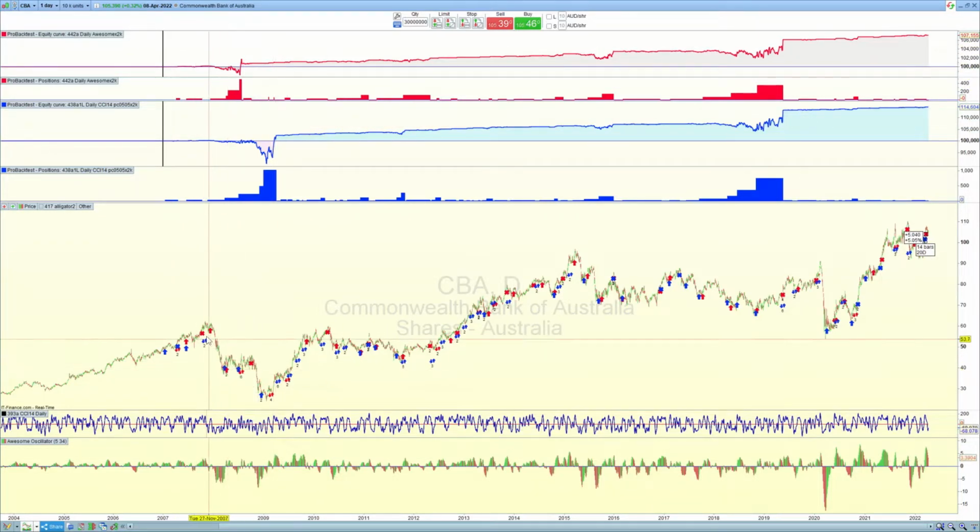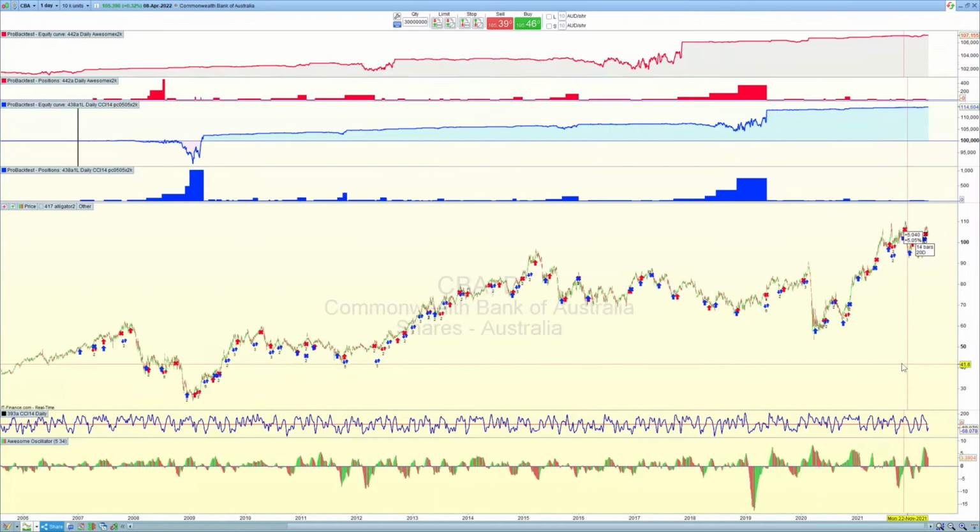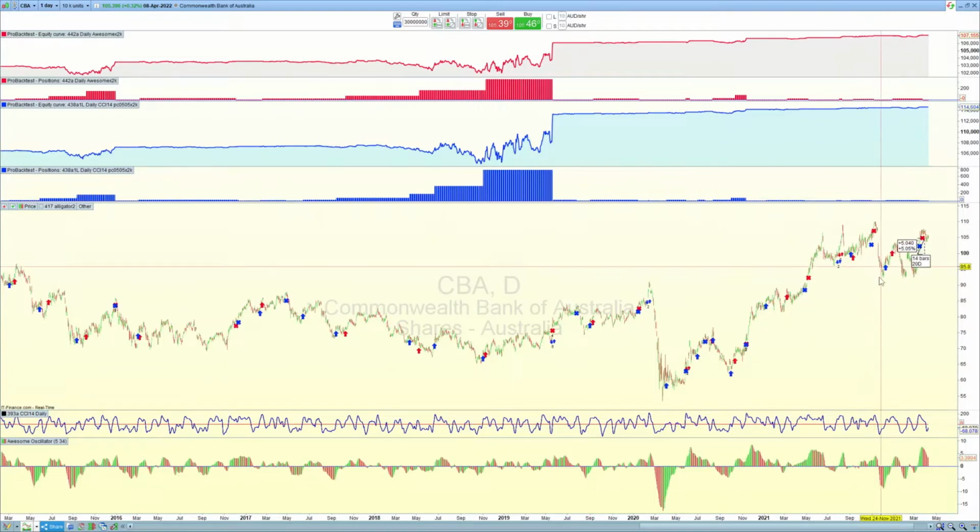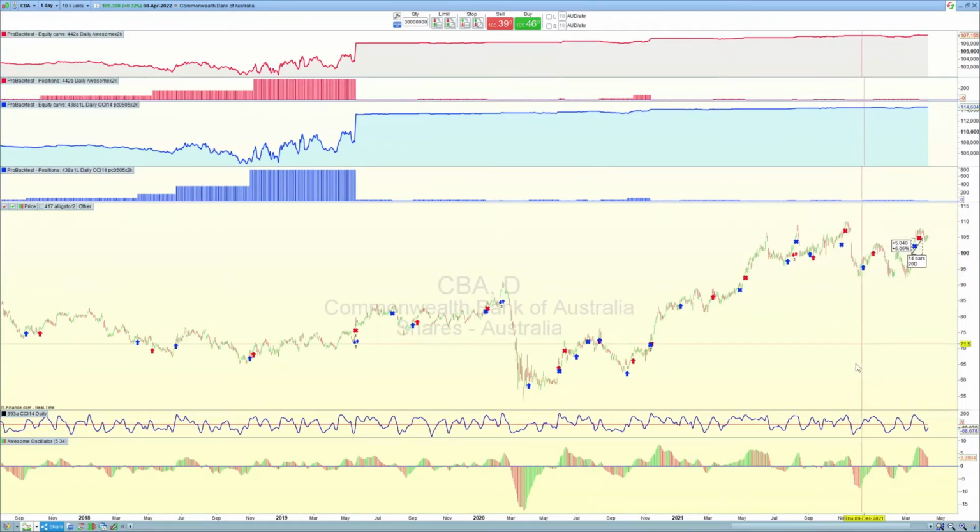Just notice as well on the price chart, this is the GFC effect between 08 and 09. And then we come to 2020, that was the COVID outbreak. And more recently, you can see here the effects of that little decline, which was the Ukraine war crisis.